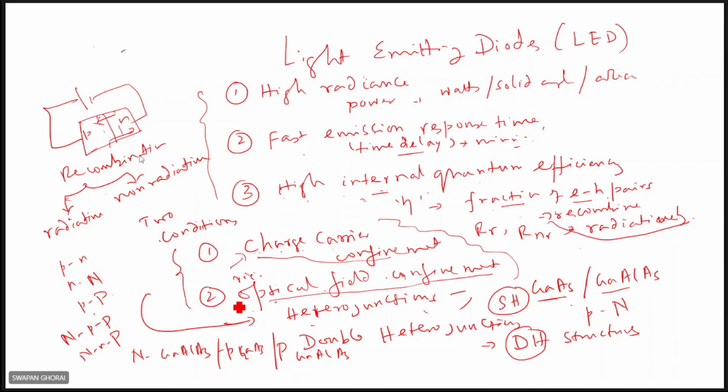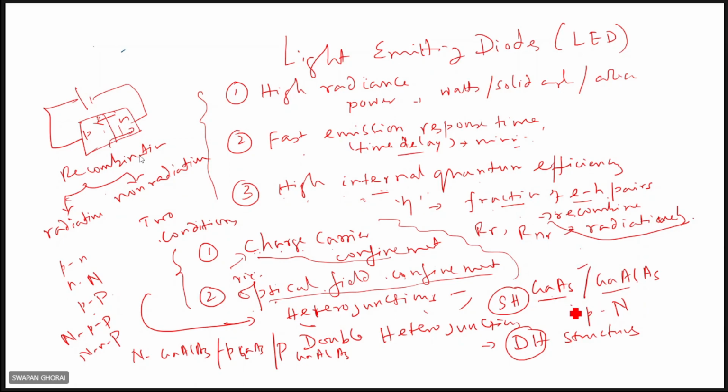These two conditions can be satisfied if the junction is a heterojunction. I told you what heterojunctions are. If you have a junction made by two different band gap type materials, then it is called a heterojunction, like gallium arsenide and gallium aluminum arsenide, as you can see on the right hand side.